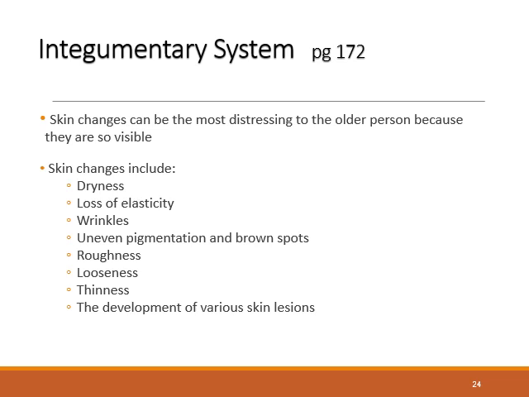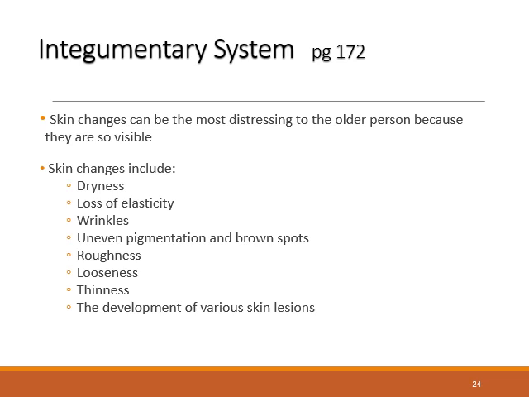So let's move on to the Integumentary System, page 172. Some changes that occur: dryness. And if you'll notice, think of the patients you've taken care of. Their skin is dry. They have a loss of elasticity. It may look wrinkly and dry. Uneven pigmentation and brown spots. Their skin's rough, not so smooth.